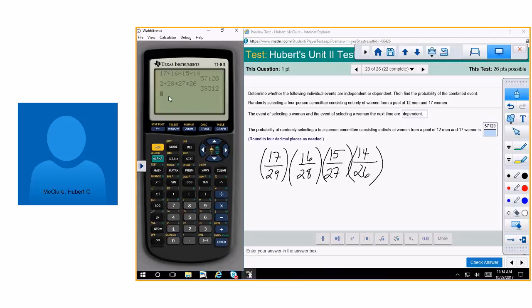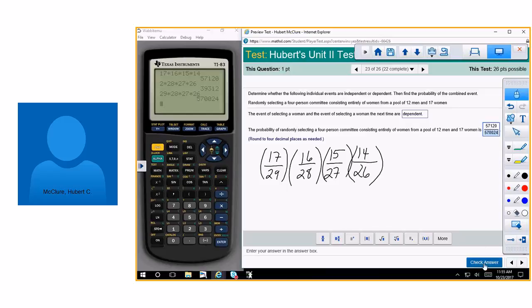Second entry, 29. There we go. 570,024. That's reducible. Does that reduce to both of them? Okay.